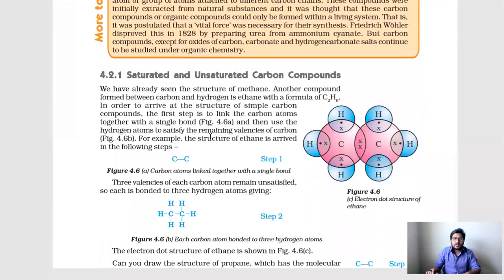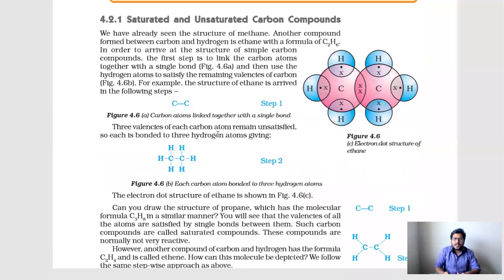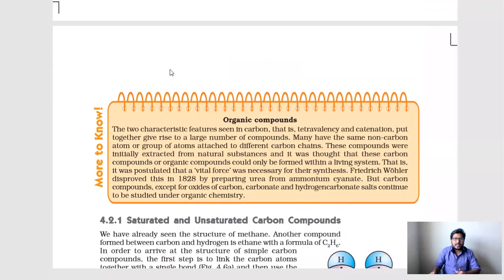Then here comes, you see, chemistry you can divide into a few parts, and one of the most important parts is organic chemistry. You might have heard in degree or in your 12th class, you will get organic chemistry.